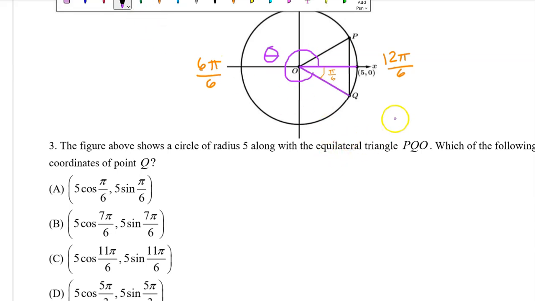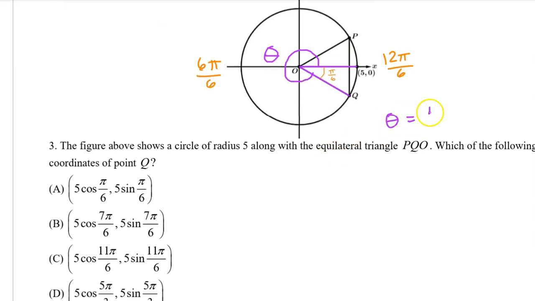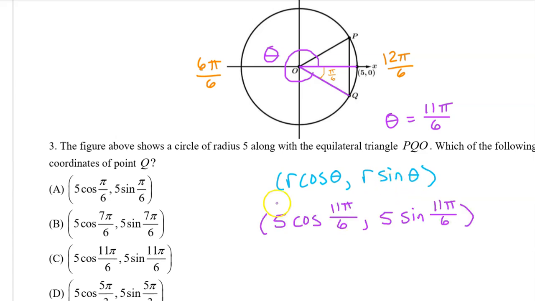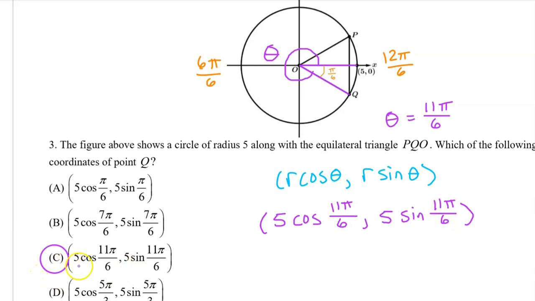Therefore, theta is 11 pi over 6. The coordinates of point Q will be given by r cosine theta, comma, r sine theta. Since the radius is 5, we have 5 cosine 11 pi over 6, comma, 5 sine 11 pi over 6. So the answer is C.